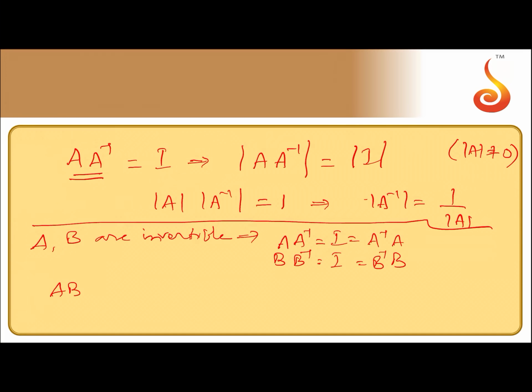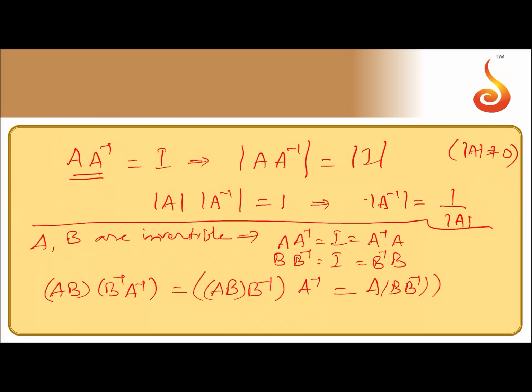Let me take AB multiplied by B inverse into A inverse. Using associativity, this is nothing but AB multiplied by B inverse, whole thing multiplied by A inverse. That could be written as A into B B inverse, multiplied by A inverse.